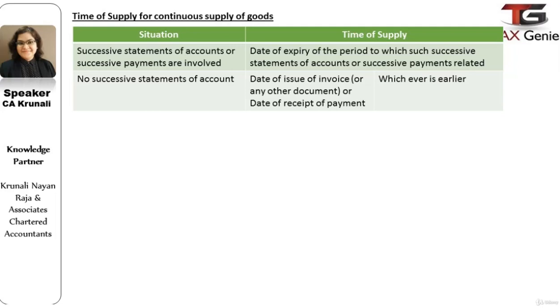If no such successive statements of accounts are prepared, then the date of issue of invoice or any other document or the date of receipt of payment, whichever is earlier, would be treated as the time of supply.